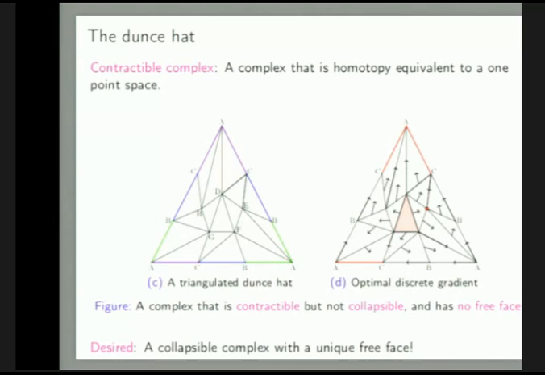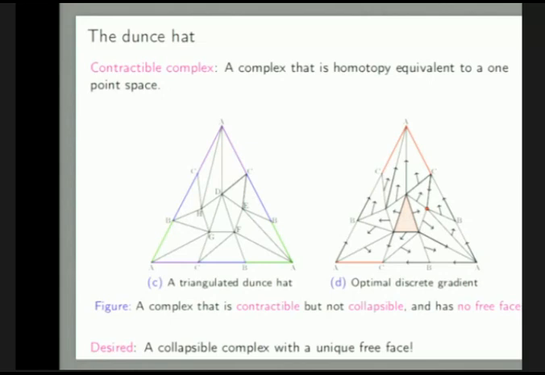So you first make a cone, and then you identify this edge of the cone to the base of the cone. It's hard to visualize because it doesn't embed in R3. This complex is contractible, but not collapsible, and it has no free faces.